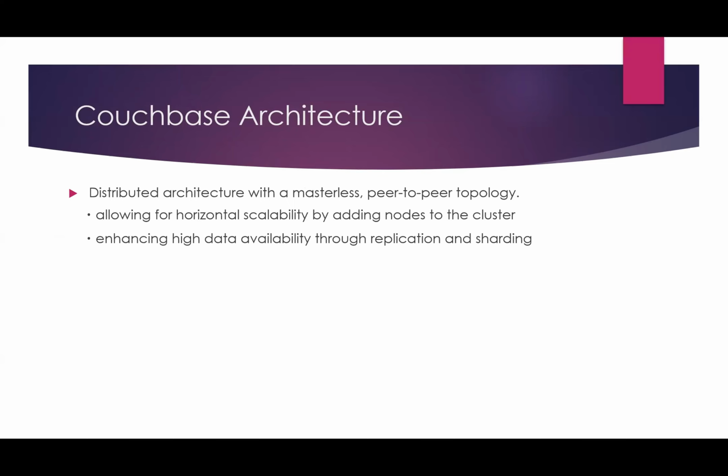Couchbase's architecture is a significant factor contributing to its high performance. It is a distributed architecture with a masterless peer-to-peer topology. This architecture allows for horizontal scalability by adding nodes to the cluster and can enhance high data availability through data replication and sharding.